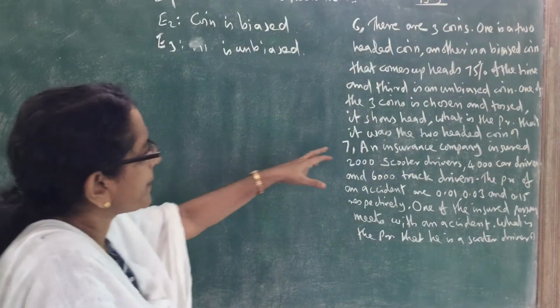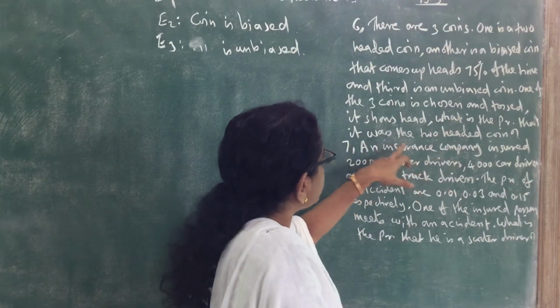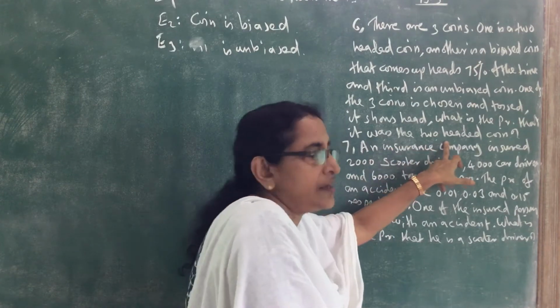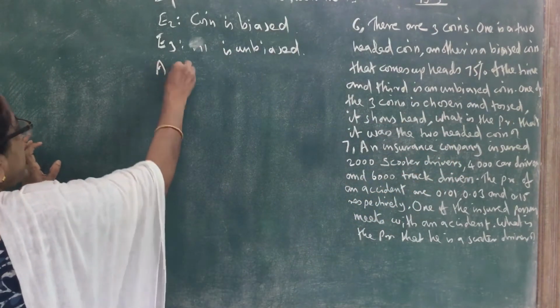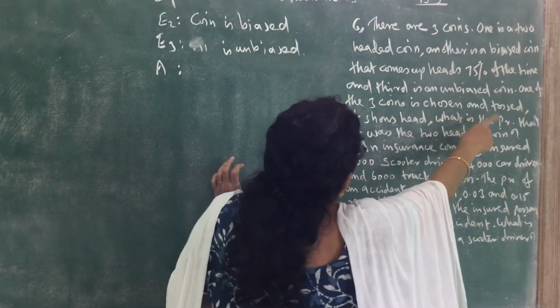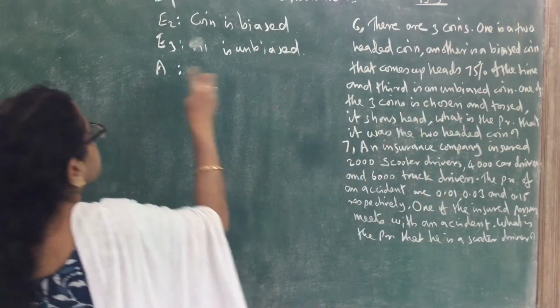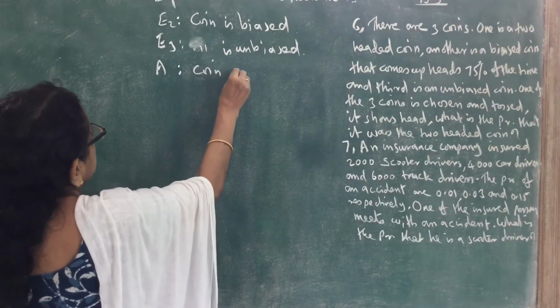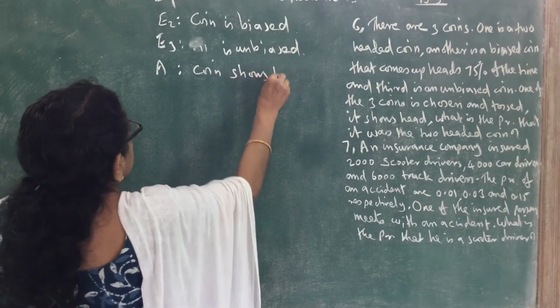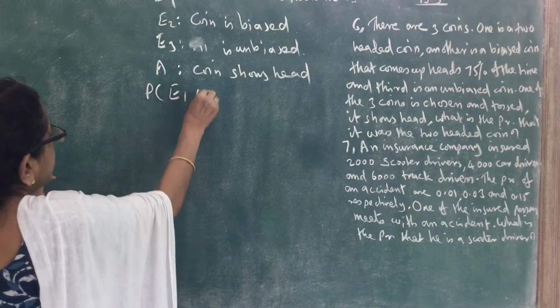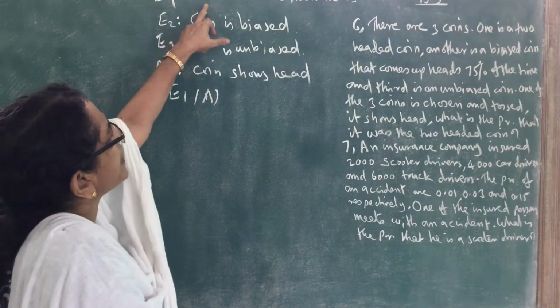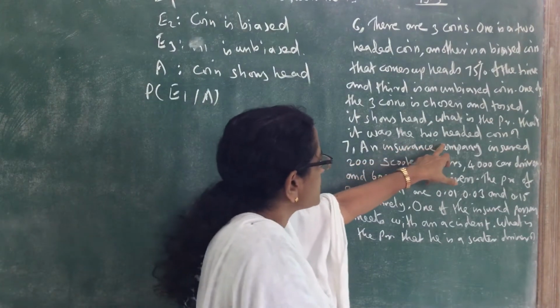Now we want to find the probability that it was the two-headed coin. And A is the given event, the coin shows head. So we want to find the probability of E1 given A, the probability that the coin chosen was two-headed coin.